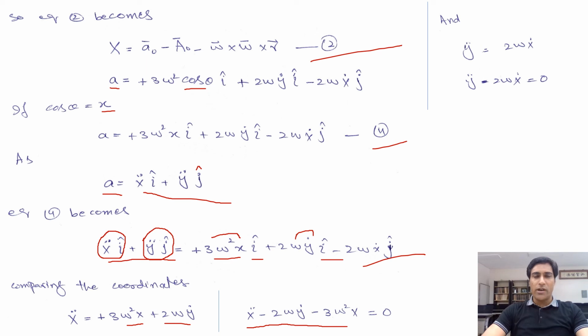So this term is negative, and here it should be negative, and y double dot minus, so it should be positive here, positive 2 omega x dot equals 0. I don't know where we made the mistake, but let me check again.